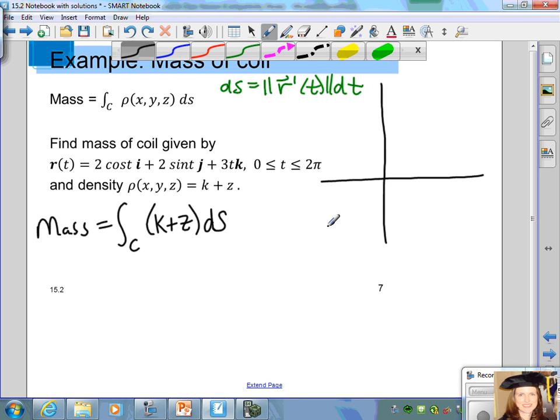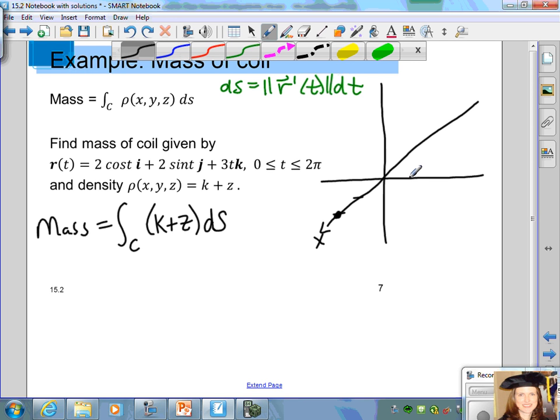If we take the time to trace out this path, you would have to sketch it in 3 dimensions. If you let t equal 0, the location of this path is at the point on the x-axis where x is equal to 2. If you continue to increase your time, the coil is going to spiral up around the z-axis.